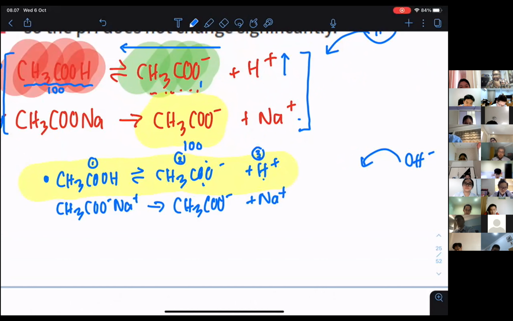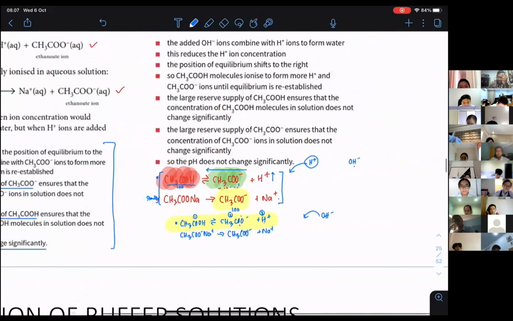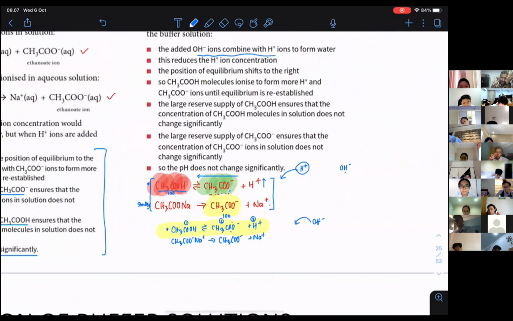Remember this, it is very, very important: they will react with the H plus to give you water. The OH minus combines with the H plus to form water.